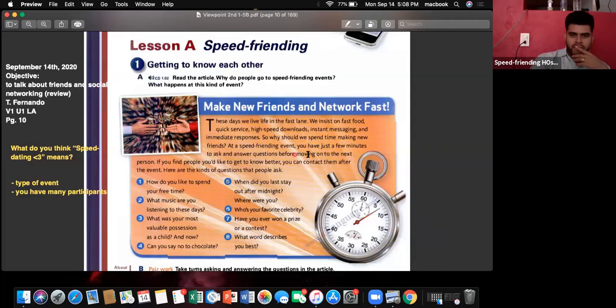At a speed friending event, you have just a few minutes to ask and answer questions before moving on to the next person. If you find people you'd like to get to know better, you can contact them after the event. Here are the kinds of questions that people ask. 1. How do you like to spend your free time? 2. What music are you listening to these days? 3.